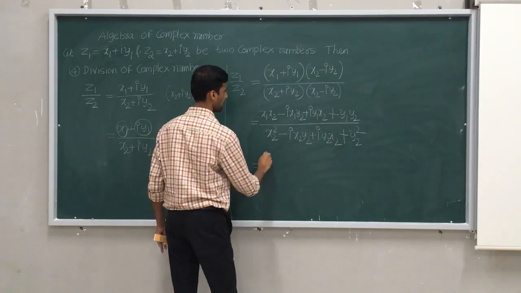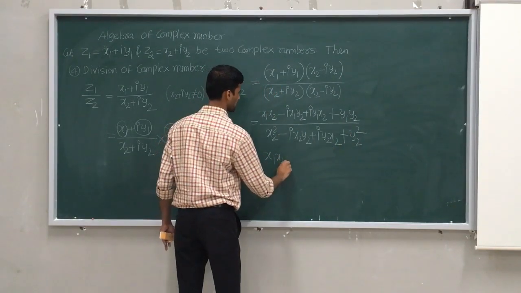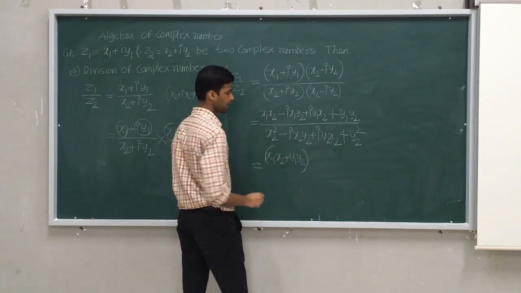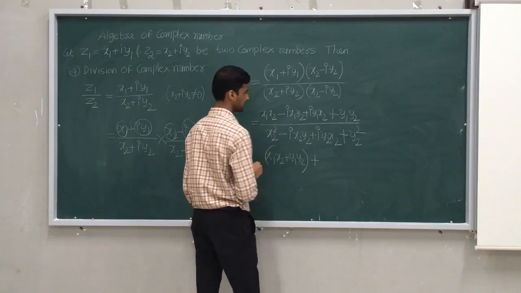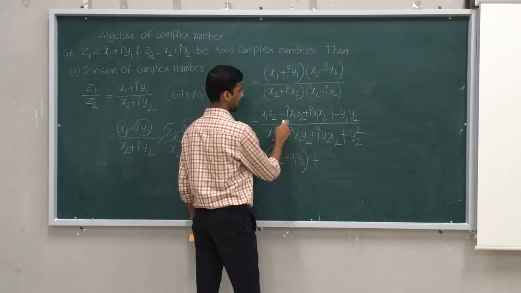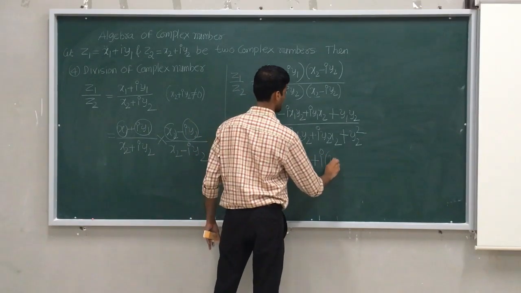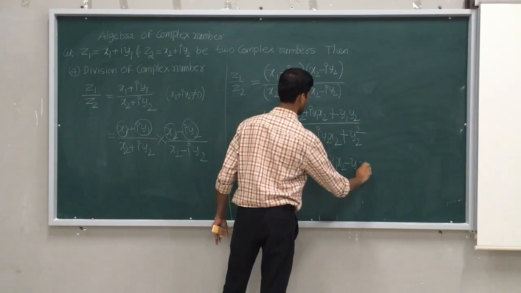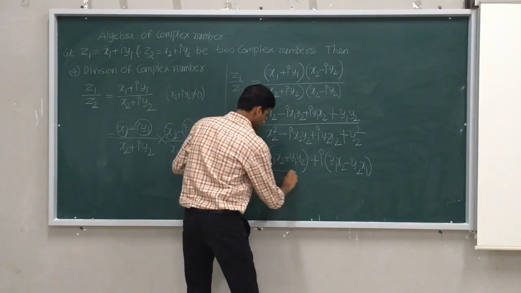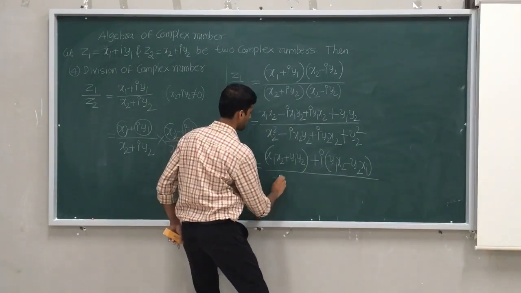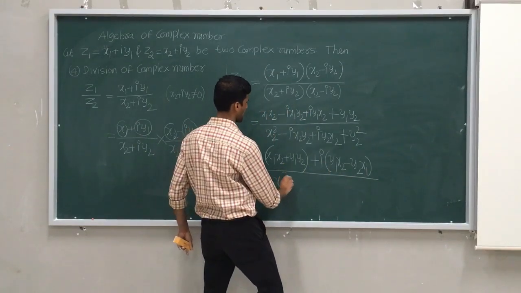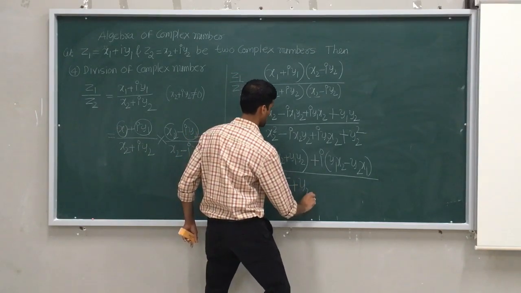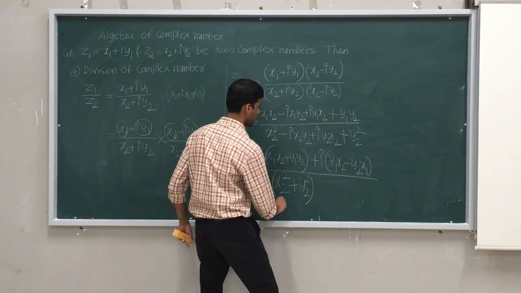If you simplify, numerator: x1 x2 plus y1 y2 as one group, plus, okay, here I will take i common, you are left with y1 x2 minus y2 x1. Divided by the denominator, it becomes x2 square plus y2 square as one group.